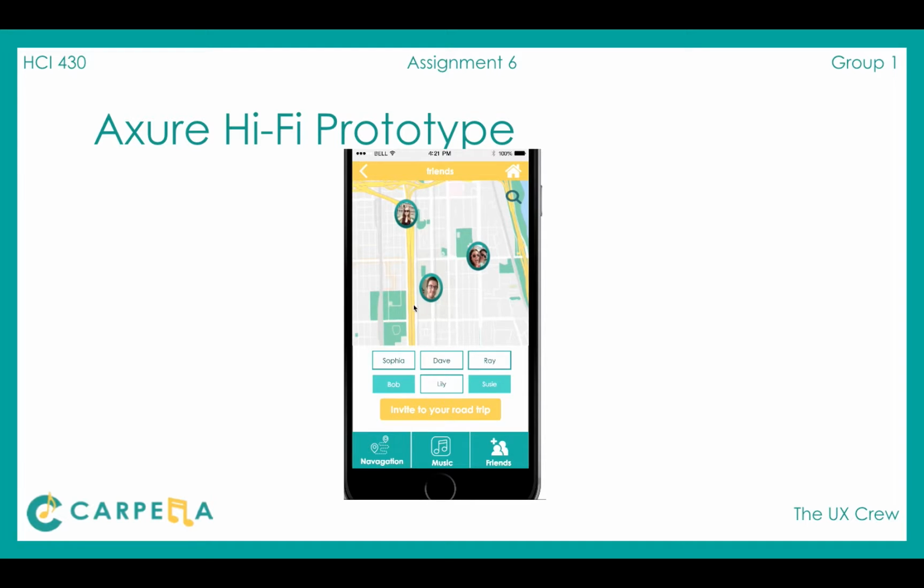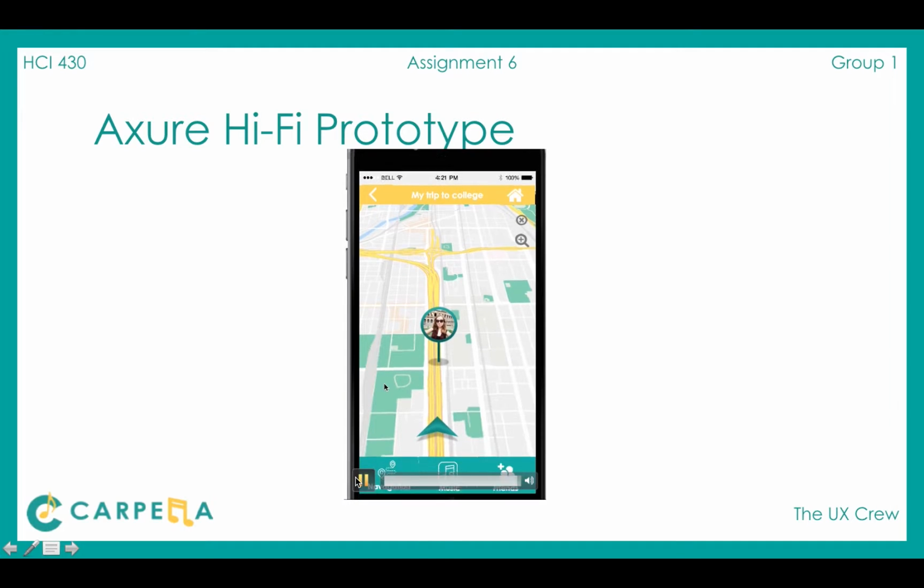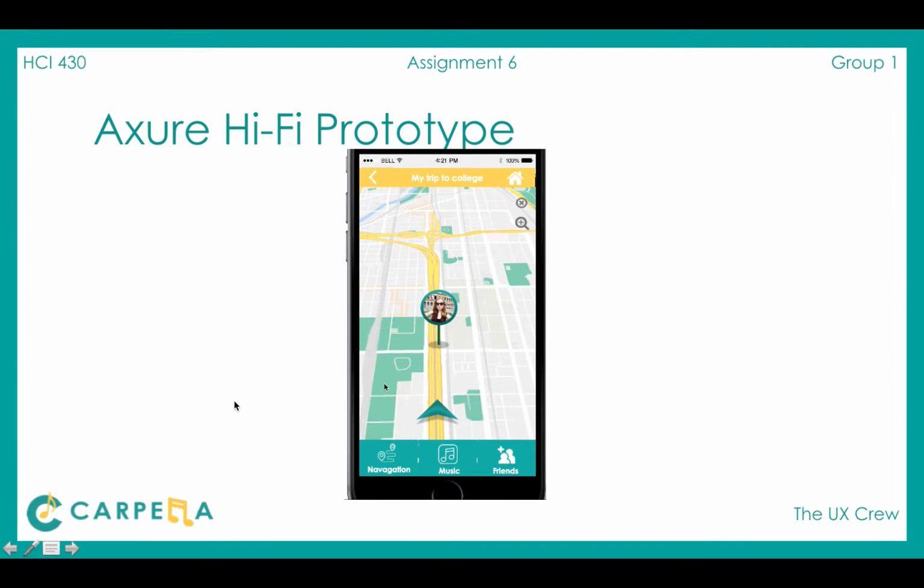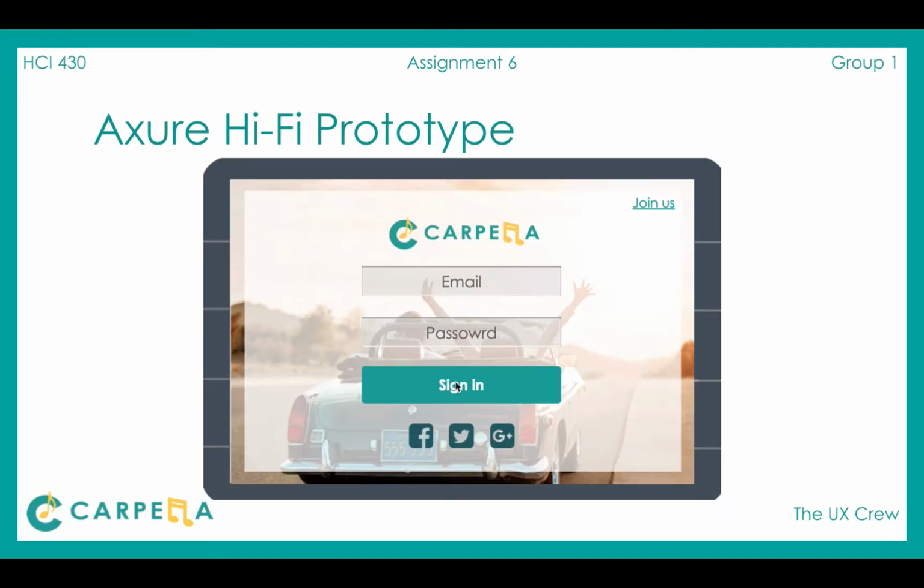So we make big buttons for them so it's easier to interact with, easier to pick who they want. Bubble pictures, you can see who you're picking, who you're choosing. Just easier functionality and better icons when interacting with the app.